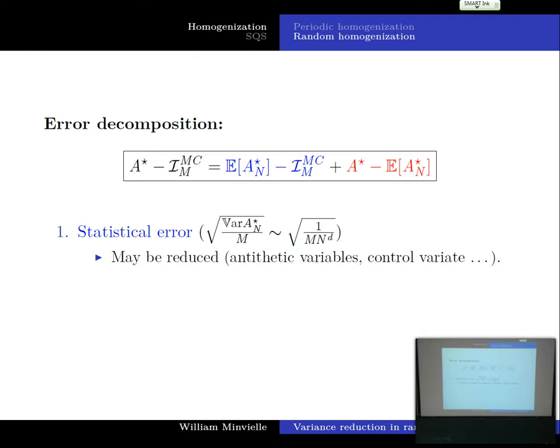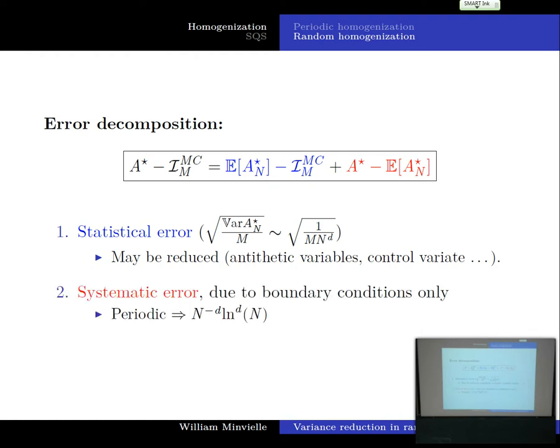And if you do numerics, or recently if you do theoretics, then you know that the variance of A star N is 1 over N to the d, up to some correction factor. Okay, let's not speak about that. The important point is that it's 1 over N^(d/2).